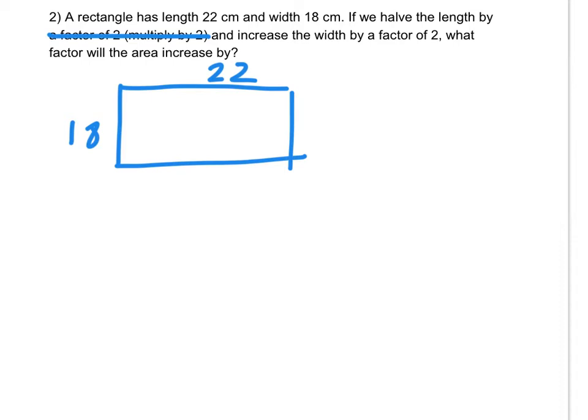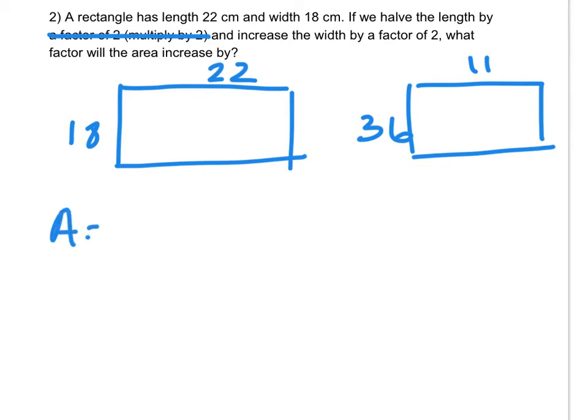Let's have a look. So if we halve the length, so the length is 22, so our new rectangle, a little bit smaller, the length is going to be 11. And if we increase the width by a factor of 2, the width is going to become 36, right? Yeah? So now let's look at the area of the original one.